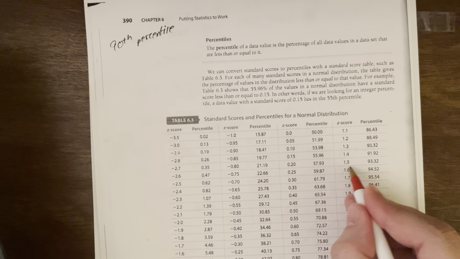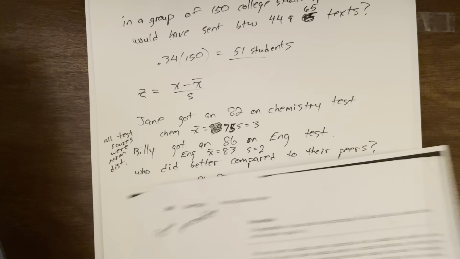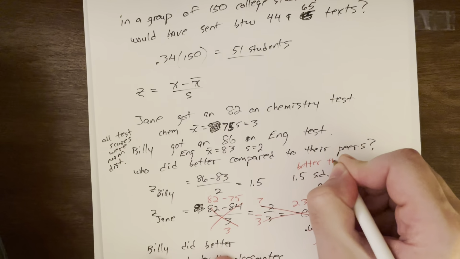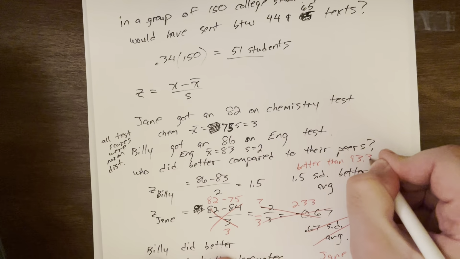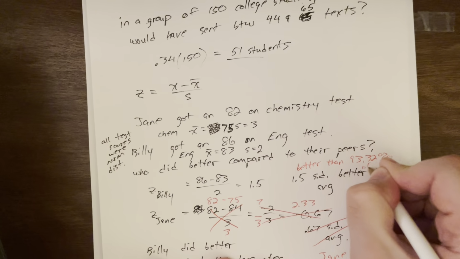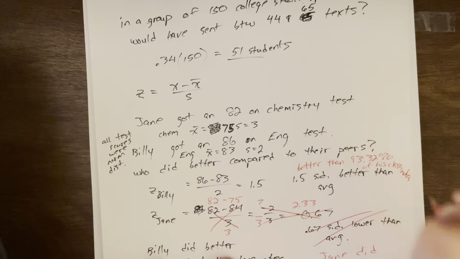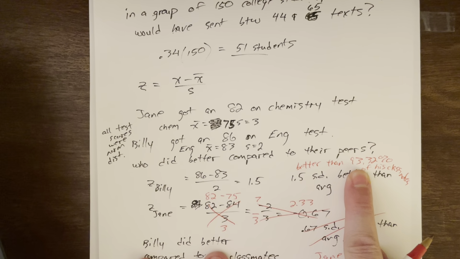So I go right here on the chart with 1.5. His percentile rank, he did better than 93.32% of his classmates. That's how we should understand the percentile rank. So he did really good. He did better than 93% of everybody else, so that's pretty darn good.